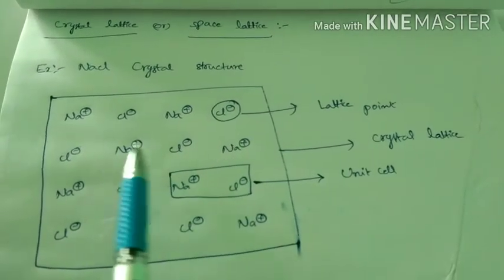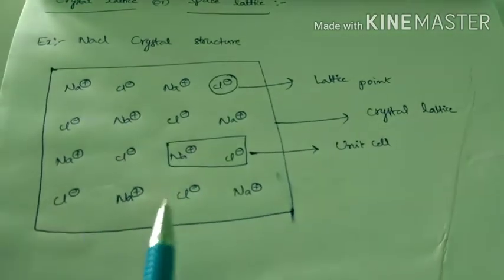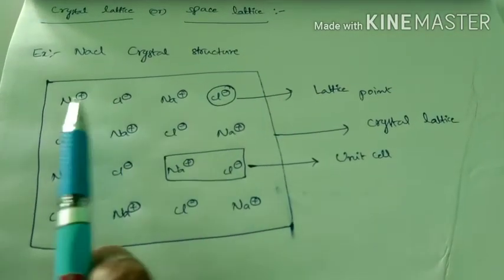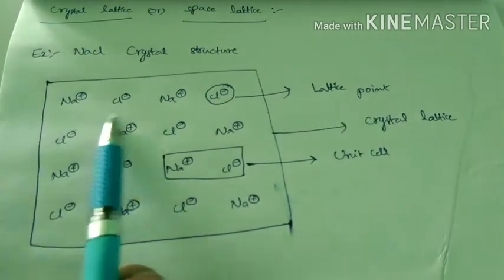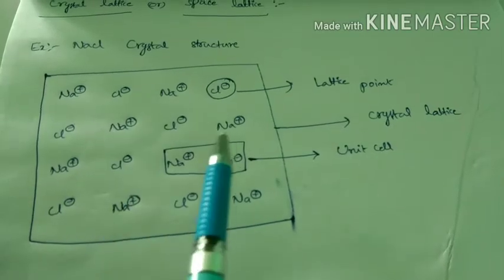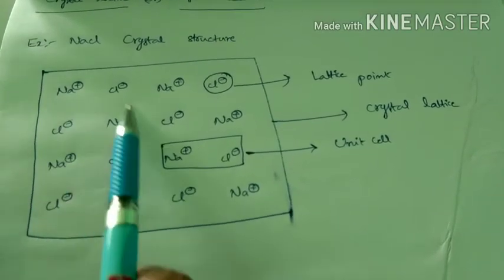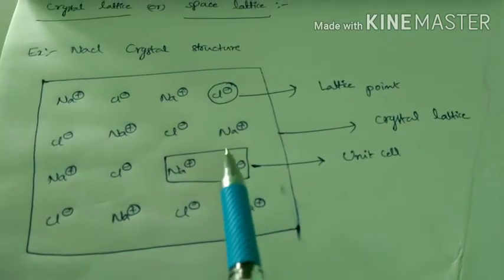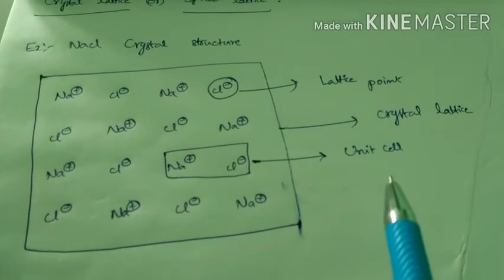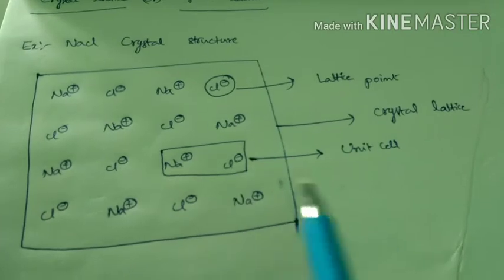Next, in this structure we can observe one point, that is Na+ Cl-, Na+ Cl-. That means this is a repeating unit. Similarly, Na+ Cl-, that means this is a repeating unit. That repeating unit is called the unit cell.